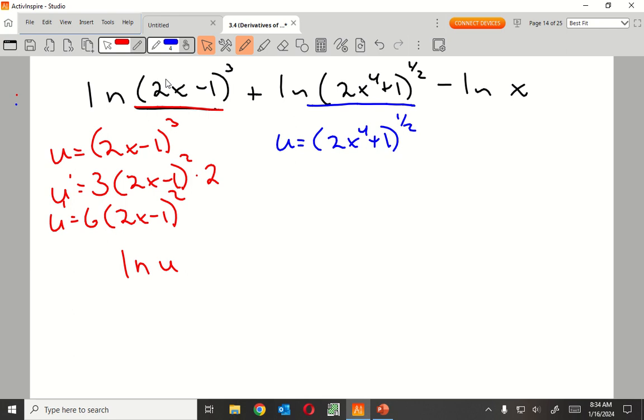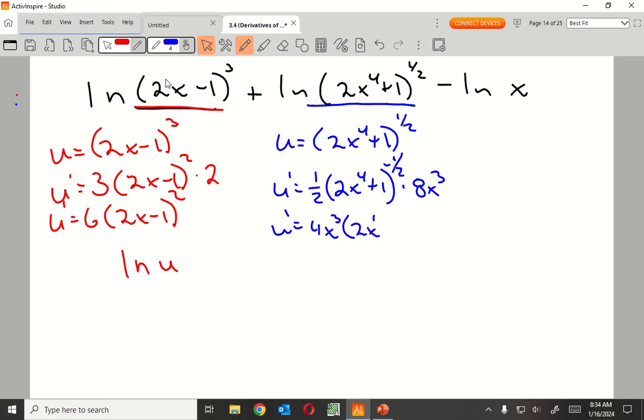Did you run out of room? All right, so this one, my u prime is going to turn into 1/2 times 2x to the fourth plus 1 to the negative 1/2 times 8x cubed. So u prime is 4x cubed times 2x to the fourth plus 1 to the negative 1/2. So this still turns into ln of u.